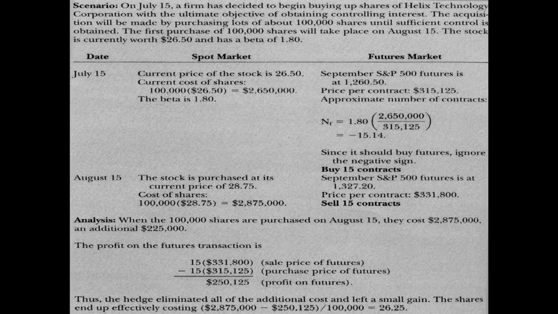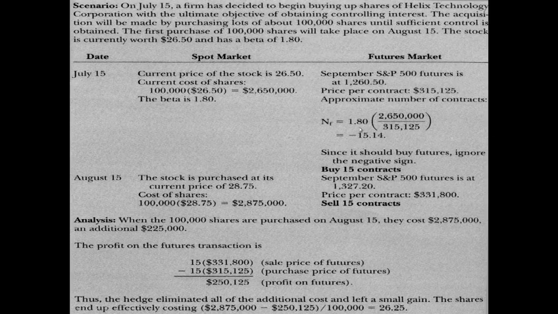So, in July, 100,000 shares are worth $2.65 million. If I can't take an individual share futures contract out on that, I have to look at index futures. So the price of one index future, the S&P 500 futures, is $315,000. So I need to go long on 15 futures contracts.